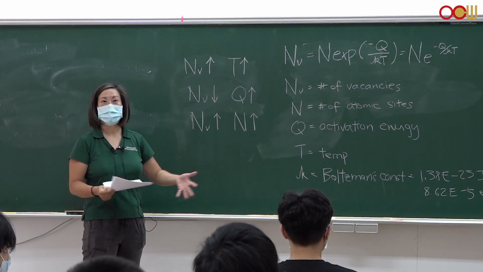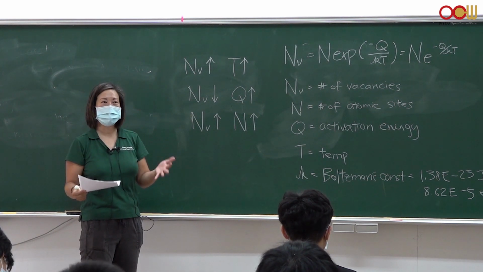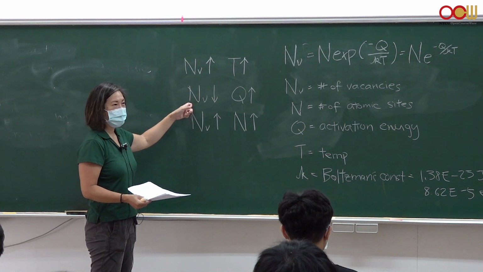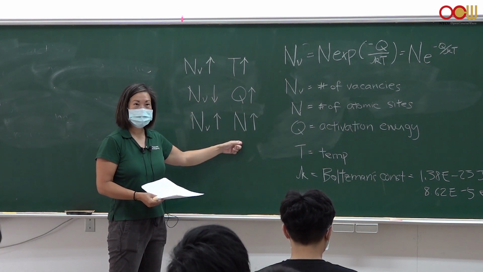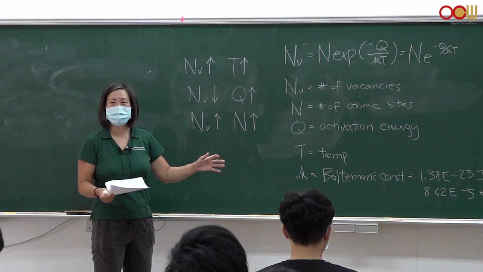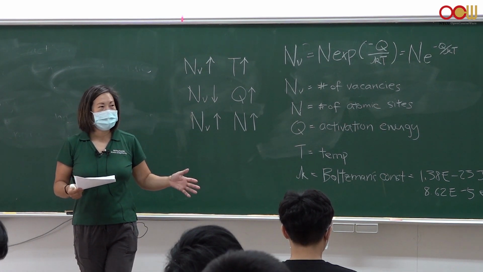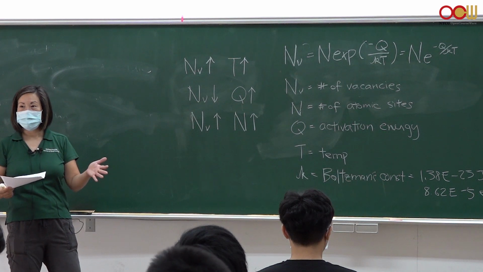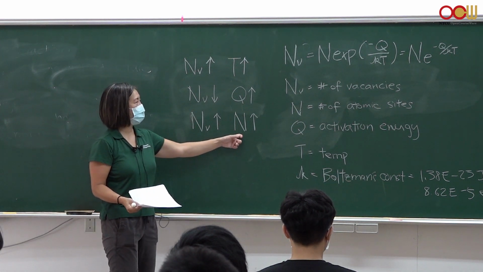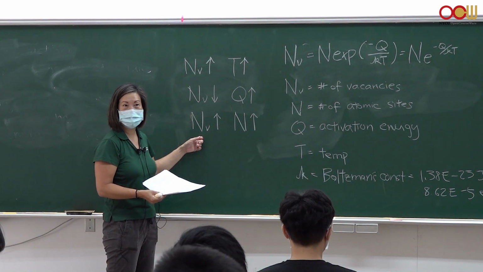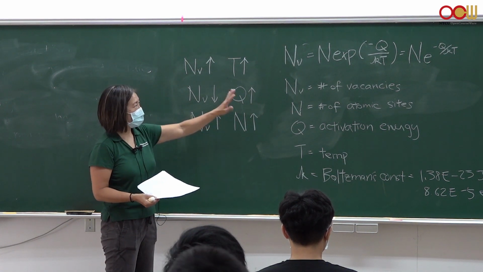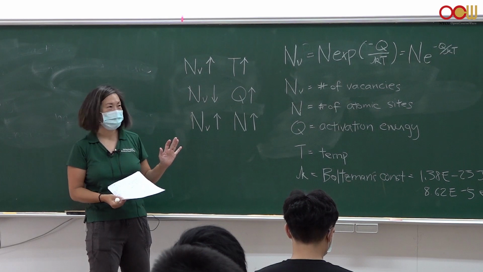Atoms would need to get more energy in order to break the bond and leave the structure, so the number of vacancies should go down. If you have more atomic sites, but the probability of leaving the system is the same, same probability times a larger overall number of sites means you should have more vacancies as well. Okay, so hopefully this equation makes sense to you.